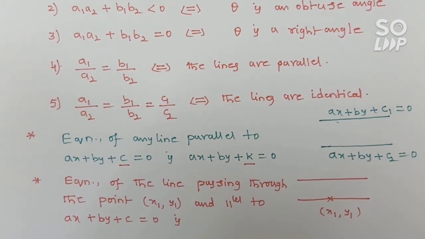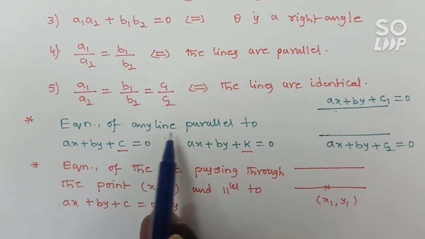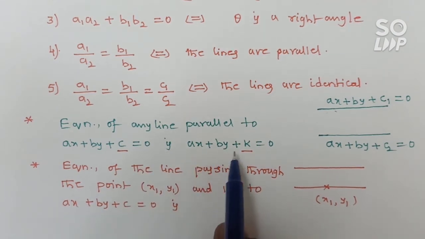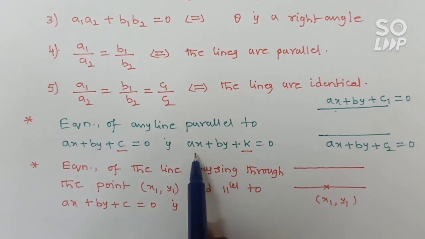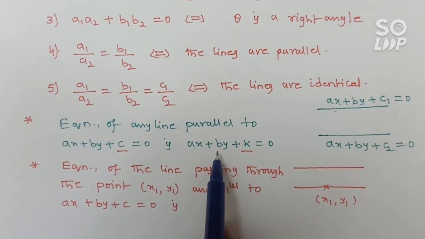Already in the above statement, any line parallel to ax plus by plus c is ax plus by plus k. Now this parallel line is passing through which point? x1 comma y1.